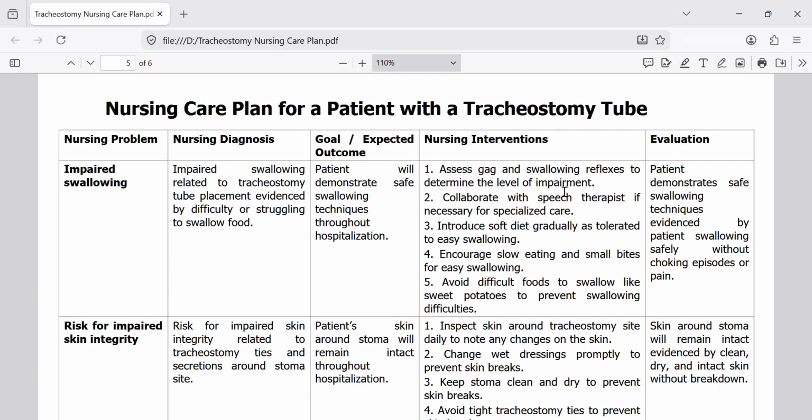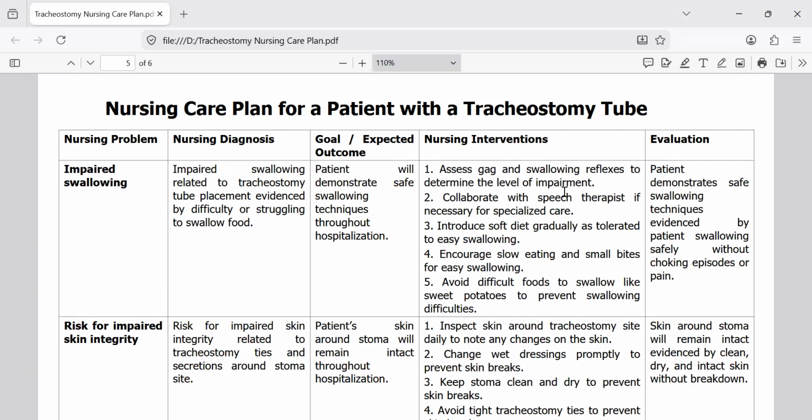Here we can talk about more of a nutritionist. But remember, it is a valid point here, because a speech therapist will help us to provide specialized care, because it is involving not only the airway, but also the larynx.